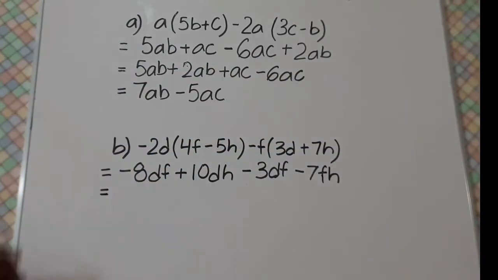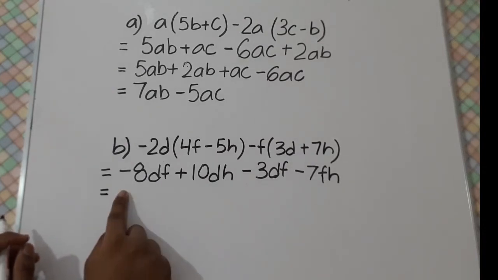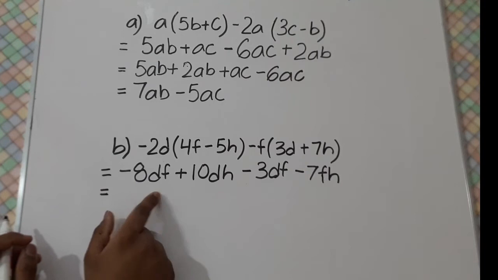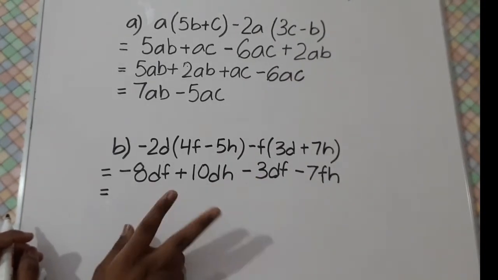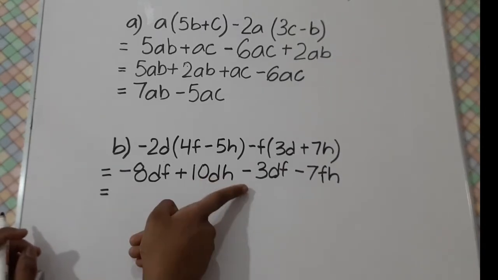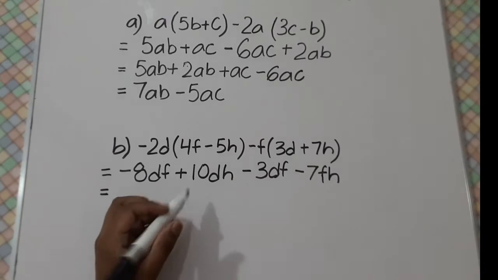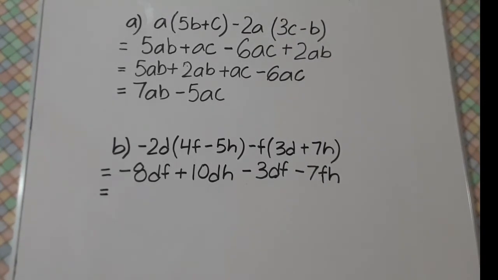Now we are going to see the like terms. So minus 8DF, plus 10DH and minus 3DF. We have only one like term pair, minus 8DF and minus 3DF, and we don't have a like term for 10DH and minus 7FH.